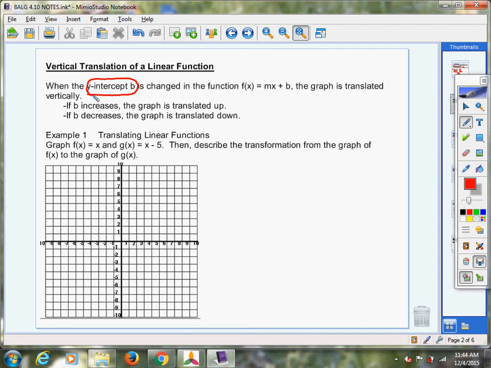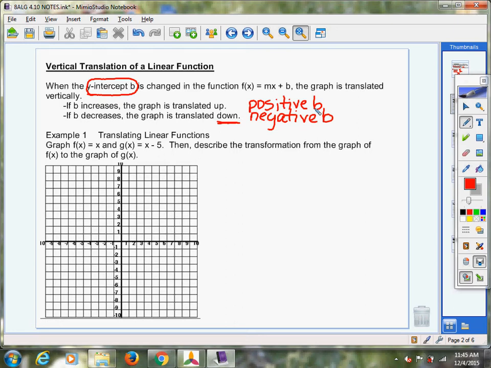If b is negative, then the graph will move down, and if b is positive, then the graph will move up. That kind of sums it up.